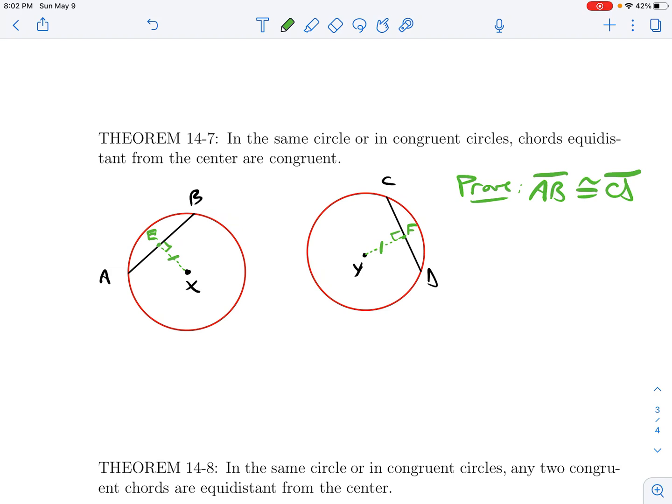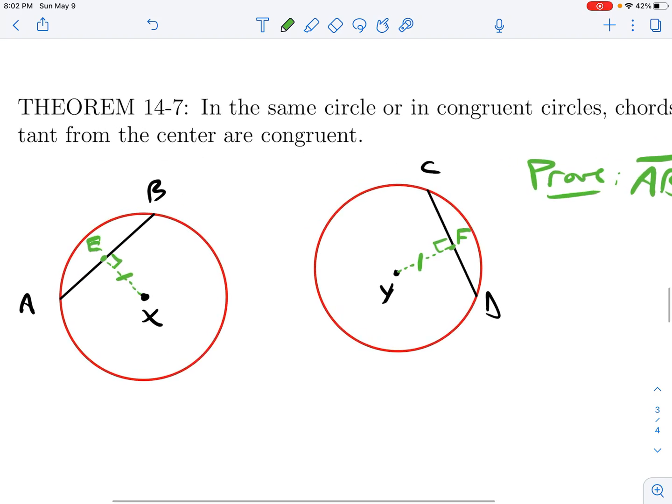And again, the trick is to use radii and look for congruent triangles. If I draw in this radius, and this radius, and this radius, and this radius, not only are these 2 radii congruent to each other, but because the circles are congruent, all 4 of these radii that I've drawn are congruent.